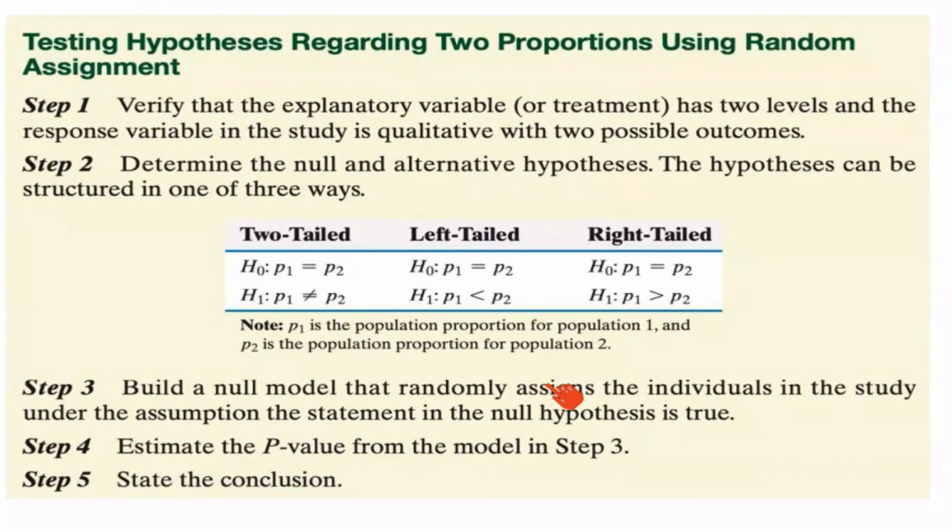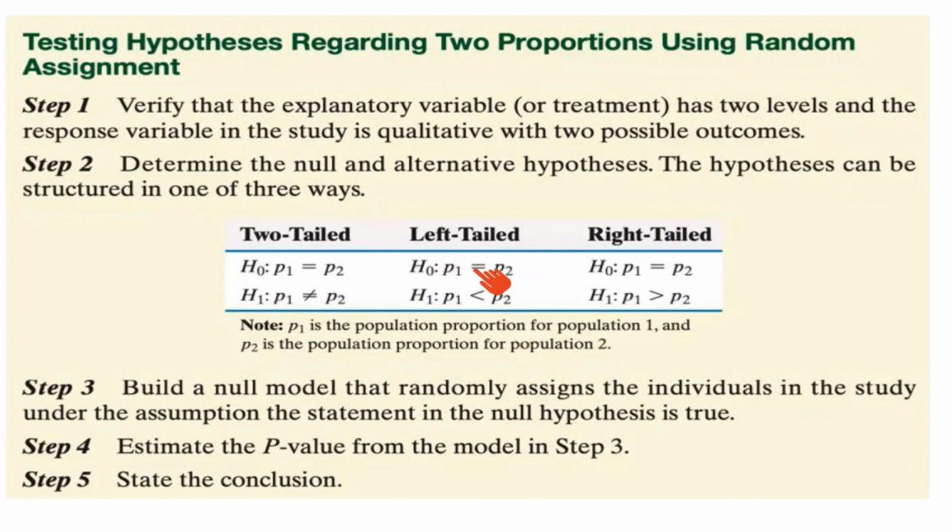So here are the steps that you can take to test hypotheses regarding two proportions using random assignment. First, the explanatory variable has to have 2 levels, and the response variable is qualitative with 2 possible outcomes. Either you have a characteristic or you don't. You determine the null and alternative hypotheses, and they can be structured using the typical ways: equal versus not equal, which is two-tailed, a left-tailed, which means a less than alternative, or right-tailed, which means a greater than alternative.